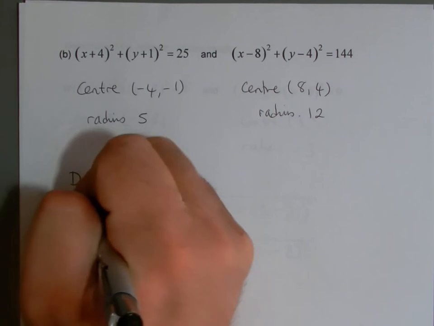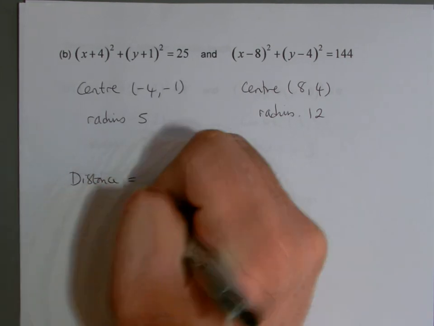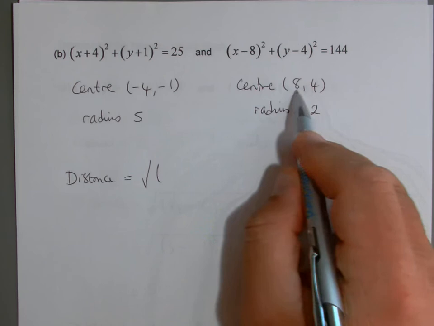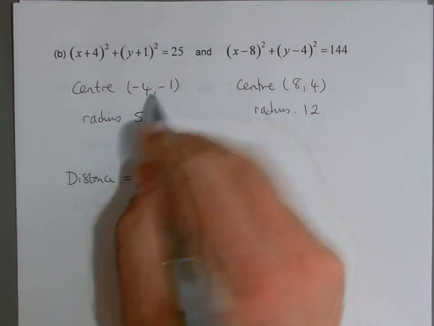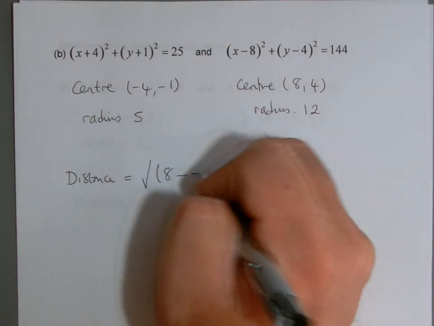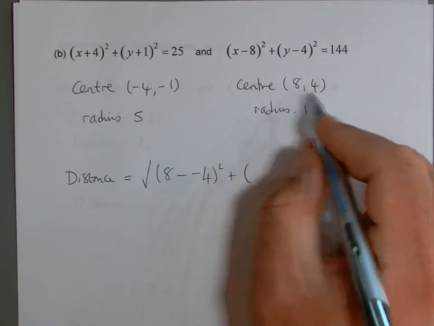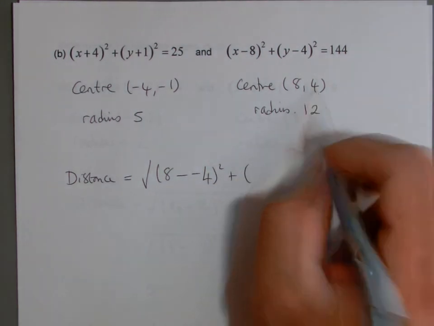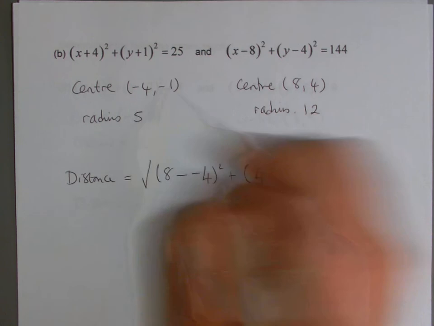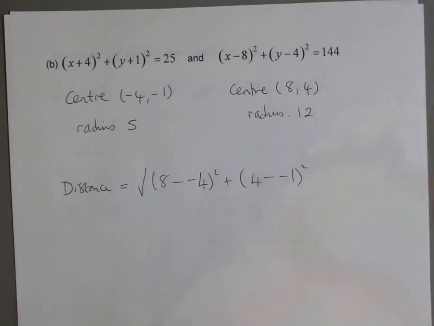So the distance, well, let's just go straight for it. So x2 is 8, take away x1, which is -4, and then my y2 is 4, take away my y1, which is -1.